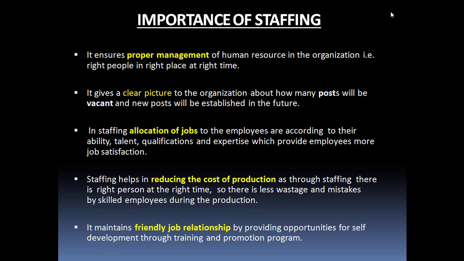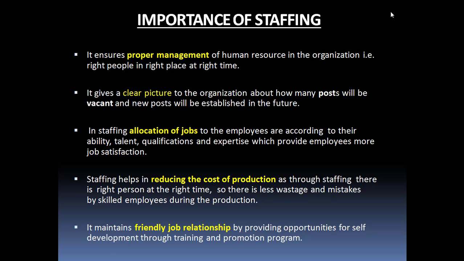In manpower planning, certain forecasting techniques are used to map the manpower requirements, right? And it gives a clear picture to the organization about how many posts may be vacant in the future and how many posts are vacant now, and based on that only, staffing is done.